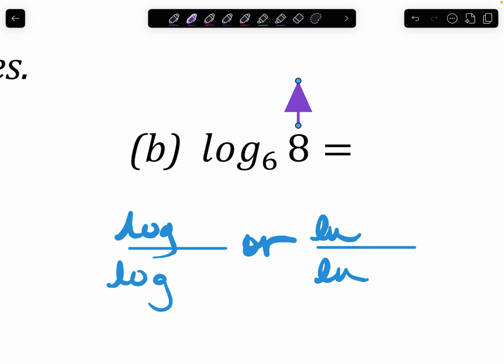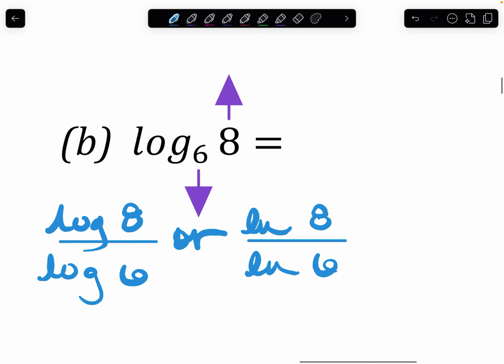The 6 is subscripted, so it's going down. So the 8 up, 6 down, or if you chose the ln route, the 8 up and the 6 down. Again, type both of these in just to confirm they are the same. Told you it doesn't matter. Then we get 1.1605, so that 5 is going to bump it to 1.161.